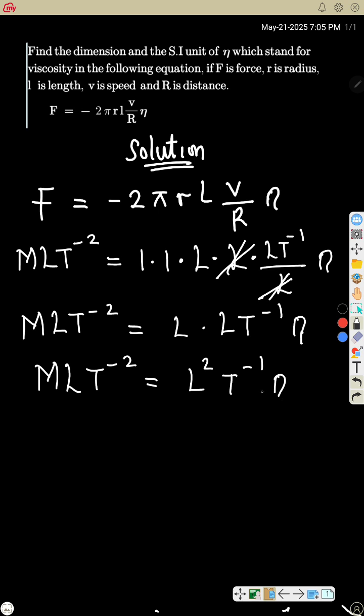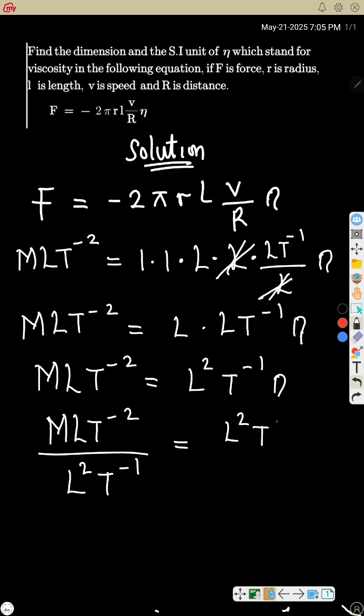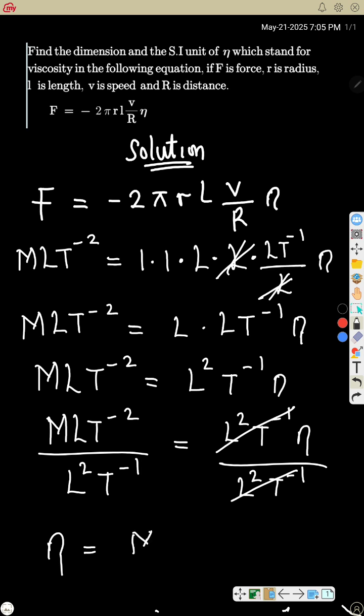Now you divide both sides. Remember, you are looking for viscosity, so divide both sides by L squared T raised to power minus 1, so that this will cancel. So viscosity equals M L T raised to power minus 2 over L squared T raised to power minus 1.